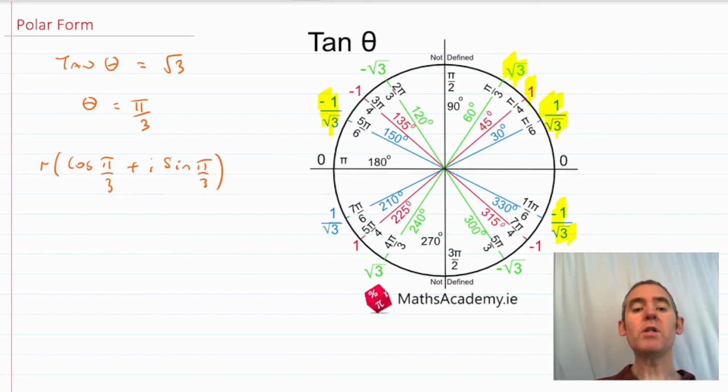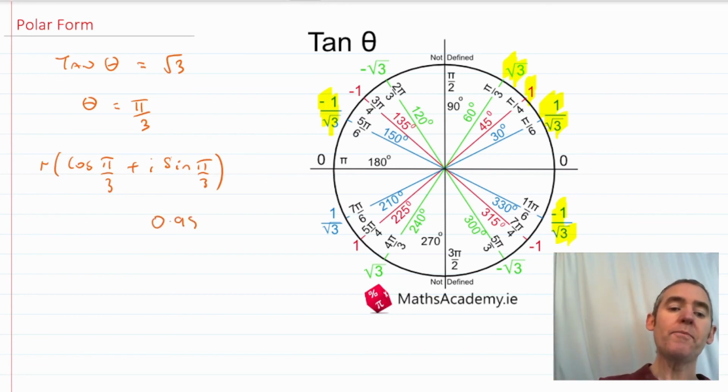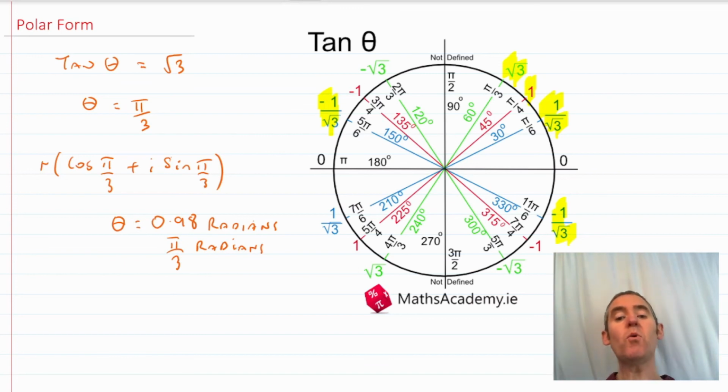They like to have it in terms of radians, not in terms like we had earlier, where we found that theta was equal to 0.98 radians. They like to have it in terms of pi over 3 radians, or 5 pi over 4 radians. But that's not always possible. It's only when you have tans of these values that you can do that.